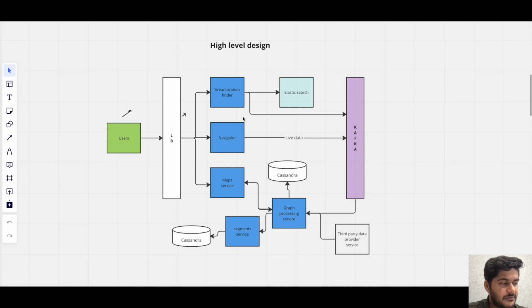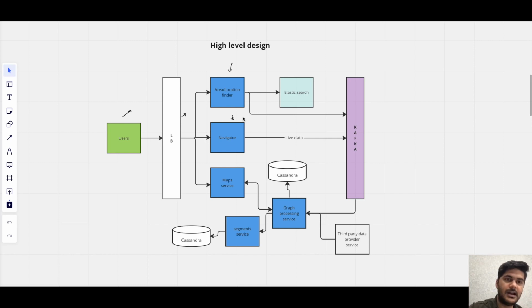Then you are having different services. One is for finding the location, finding where you are, the area around that lat long, the location. Then one is the navigator service, which is responsible for when you are sending where I am right now and where I am going, it is giving you the direction that go here and go there.